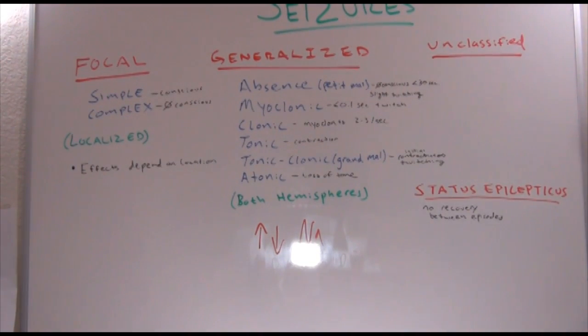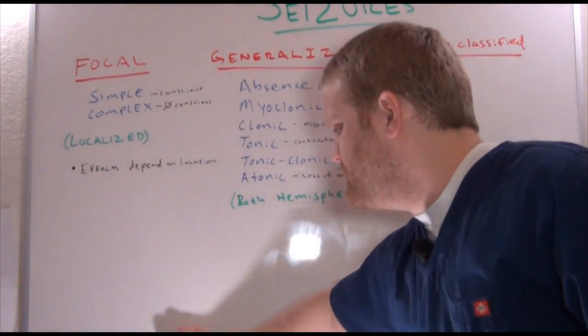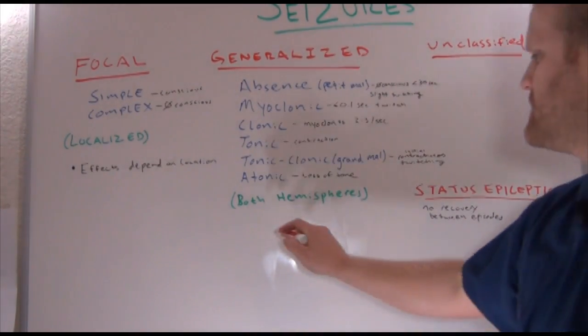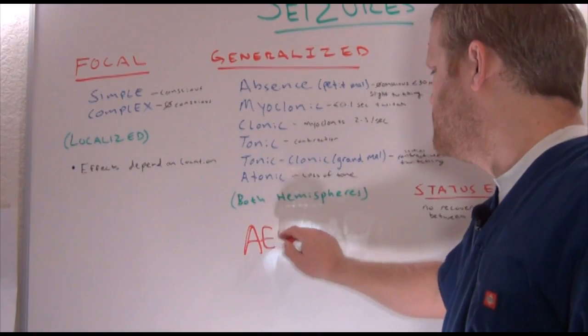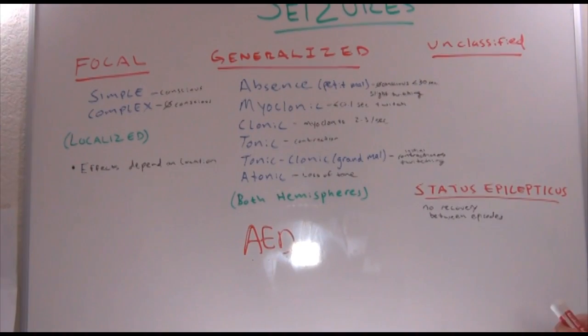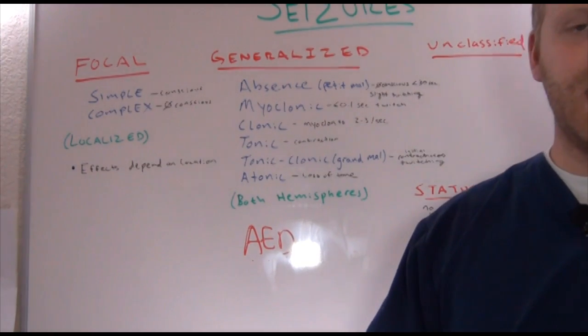Okay. Let's talk a little about what we would do in an ICU or an emergency room if a patient were to have a seizure. There are a couple of medications called AEDs, anti-epileptic drugs. If a patient comes into the ED with a seizure, the first thing we're going to do is give them Ativan.